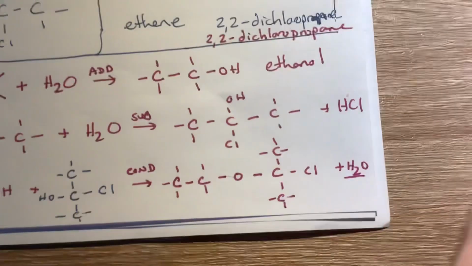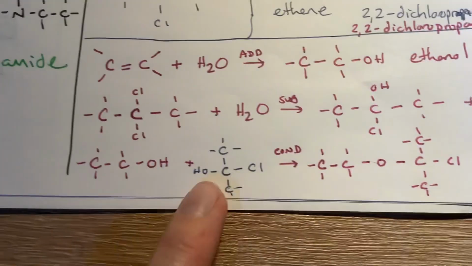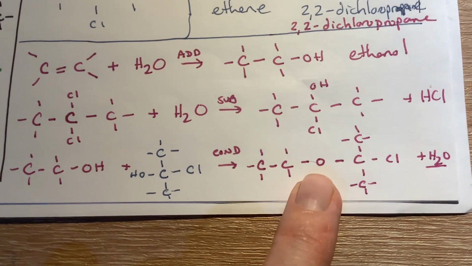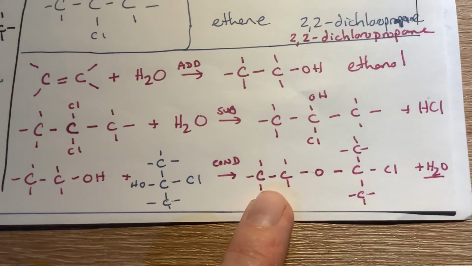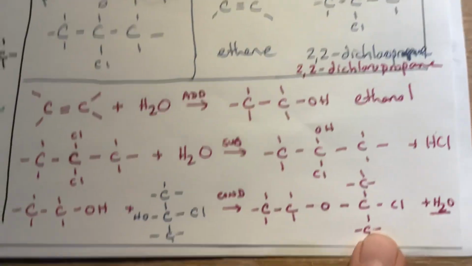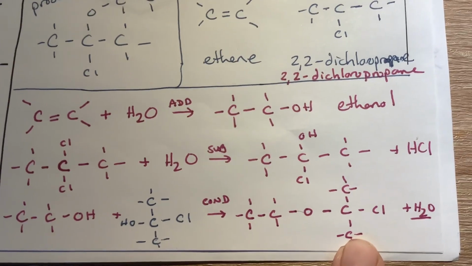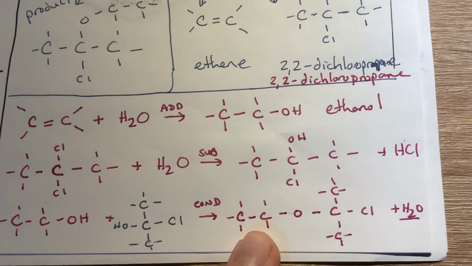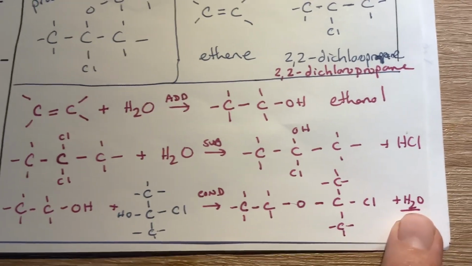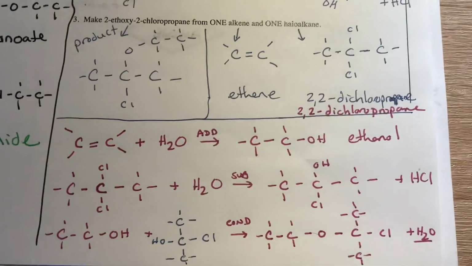And water is going to get produced over here. The two molecules that are left over are going to bond together. There's going to be an oxygen in the middle. So what am I going to end up with? 2-ethoxy, 2-chloropropane, plus water, because it's a condensation reaction.